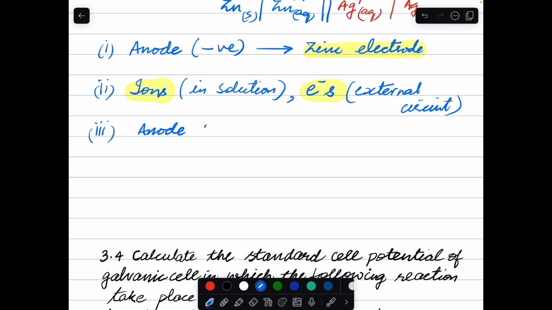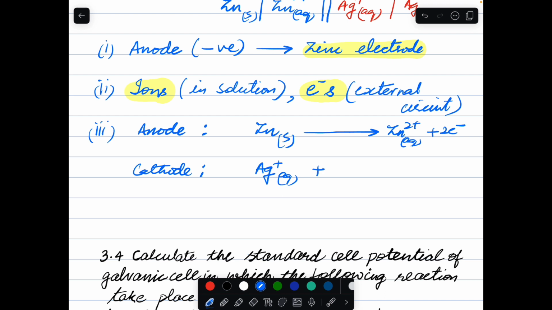So at the anode we will write zinc, which is in metallic form, converting into the ion Zn2+ aqueous, which goes into the solution by the loss of 2 electrons, and cathode is the electrode on which the reduction process is taking place. So silver ions from the solution take electrons to give silver metal at the cathode. These are the reactions at anode and at cathode.